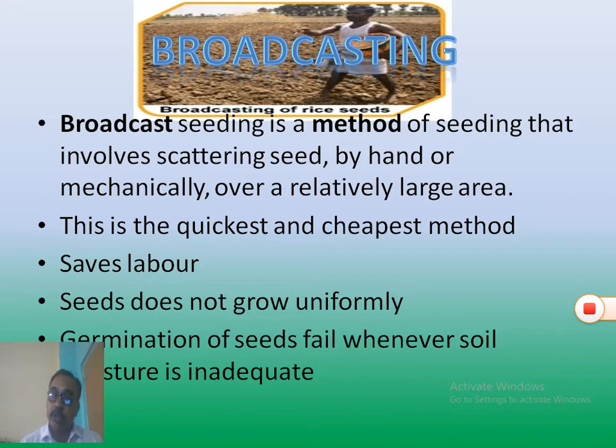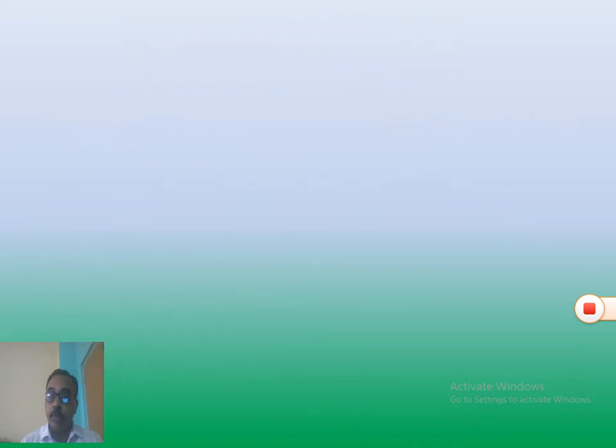So there are advantages and disadvantages. There's a lot of wastage of seeds in this also, because as we are throwing, some of the seeds will come together, they will not get enough water, they will not get enough sunlight, they will not germinate. So there's a lot of wastage of seeds in the broadcasting method.